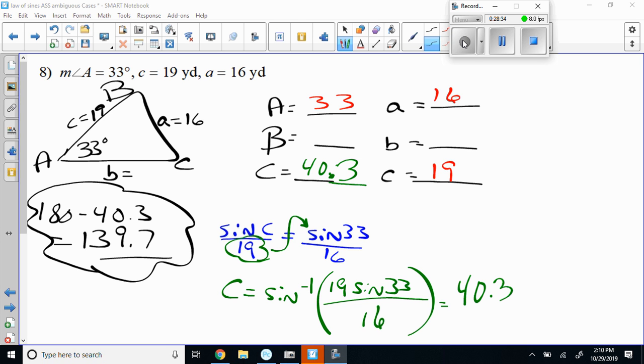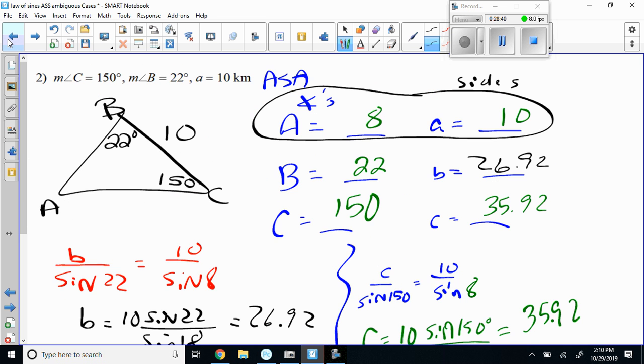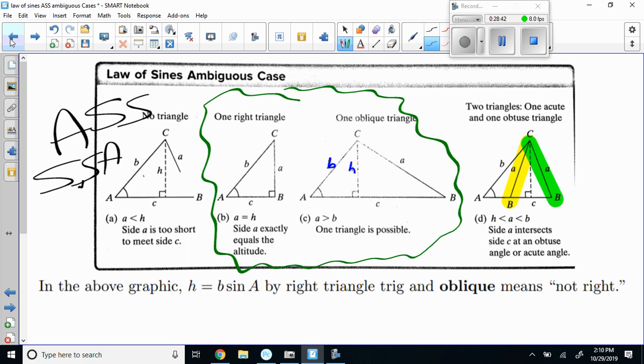I teach it by looking at the angles. Do you understand? I want to show you something. There's a lot of teachers that teach it by this right here. A is less than H, A is equal to H, A is greater than B, H is less than A, is less than B, right?